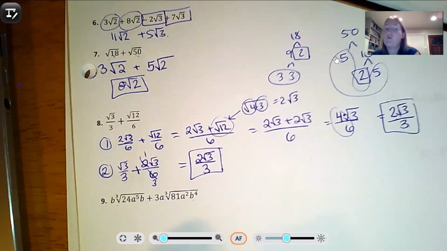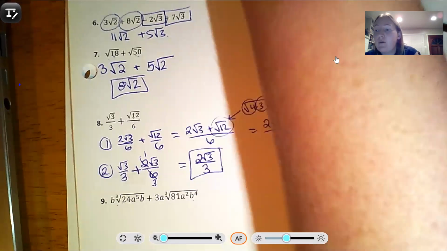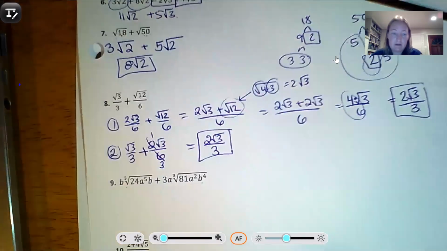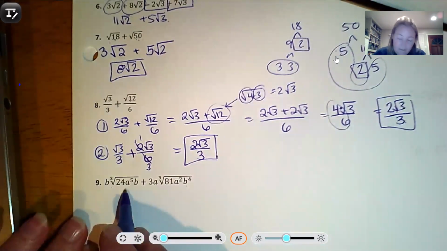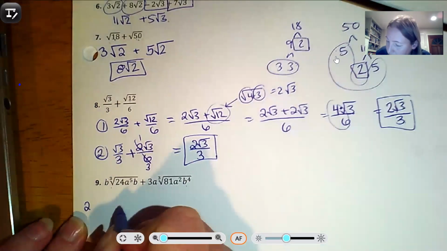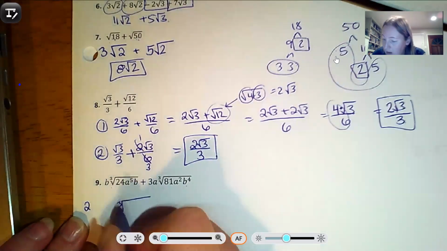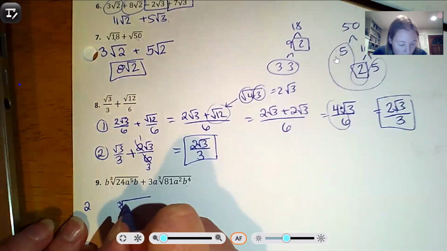The next example, again, it doesn't look like the radicands are the same, but we actually can add these because you can represent it in such a way where you do have the same radicand. This 24 is 2 cubed times 3, so 2 and then cube root of 3.